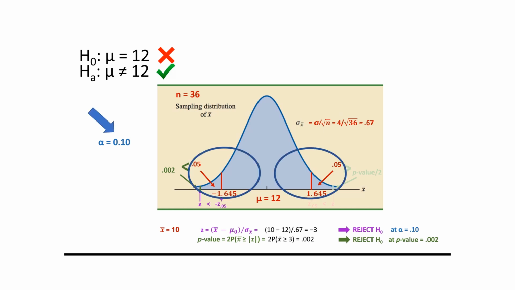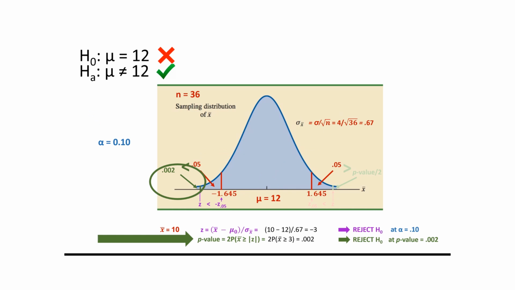Note that for a two-tailed test, our stated level of significance alpha is the sum of the probability of X bar values being beyond our critical values on either side of our distribution, or twice the probability from one of the tails.